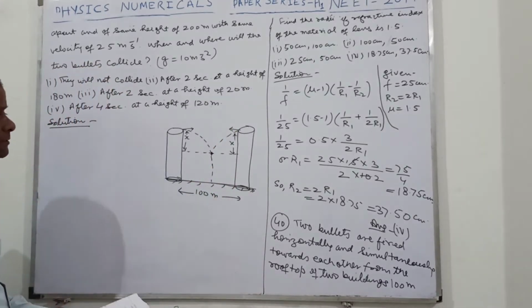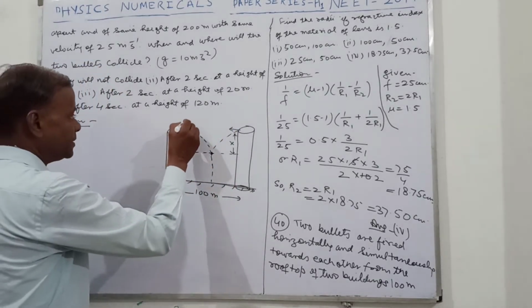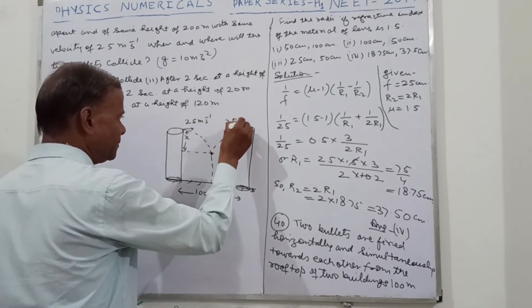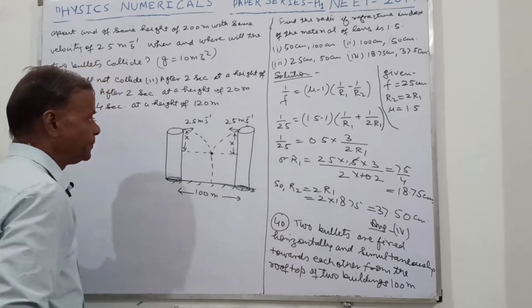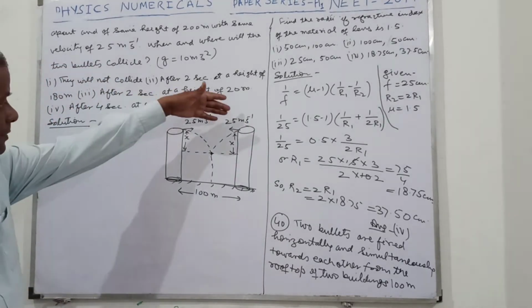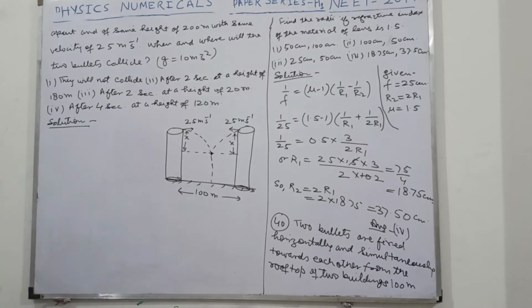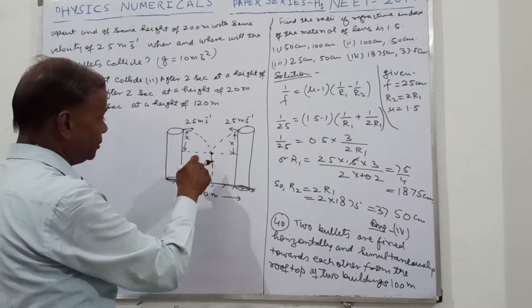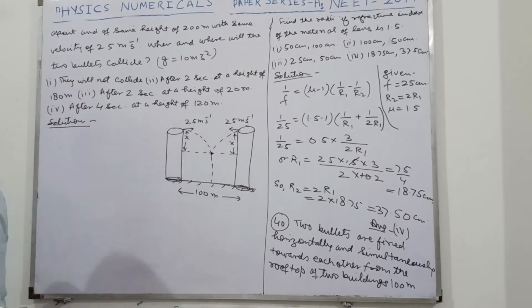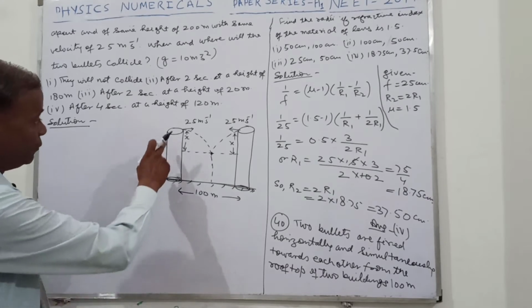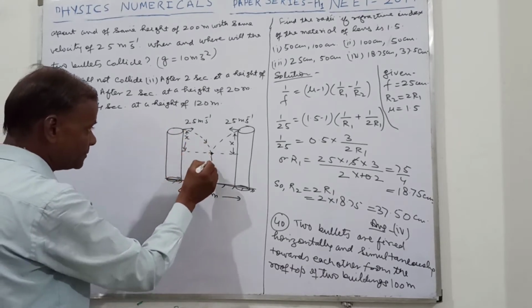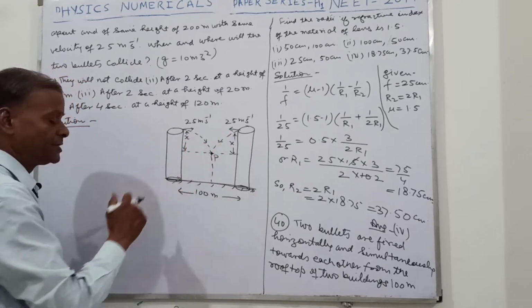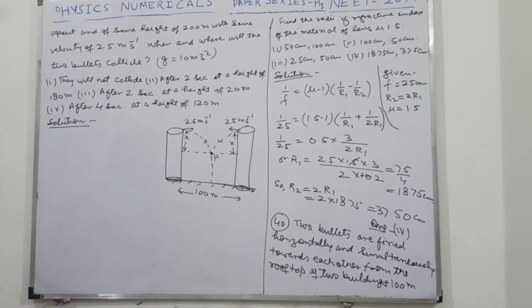Now you are given that they are moving with the same velocity, 25 meter per second. It means that the horizontal velocities are given, but there is no vertical velocity at all. So when they fall towards the ground, it is because of gravity. Now this is the point where the two bullets collide with each other.